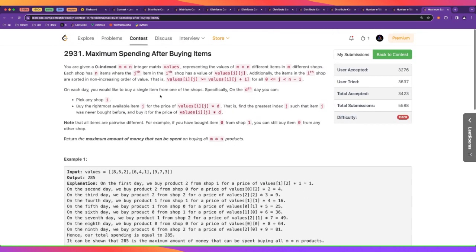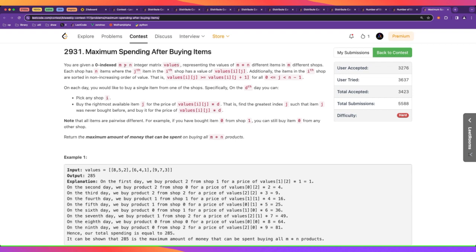So yes, you have an integer matrix values that has m rows, which are shops, and n columns, which are items that the shop sells, and the value in values indicates the price, or well, the value of the item, and they are sorted.